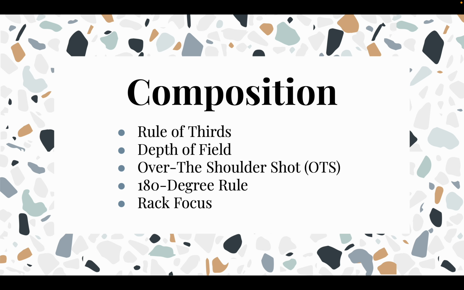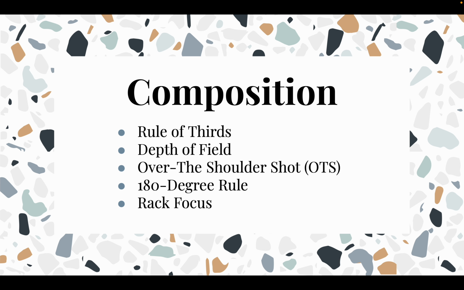So composition talks about things like the frame, how the elements of the scene look, and when we're thinking about composition, guidelines must be observed when telling stories visually in filmmaking.